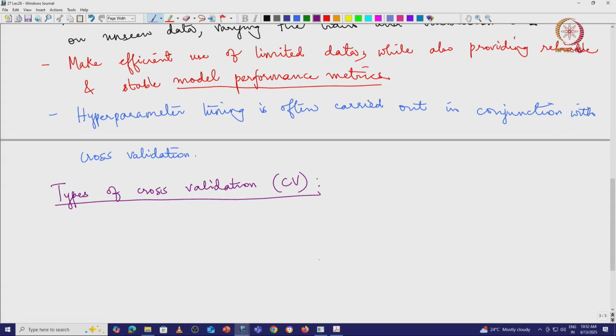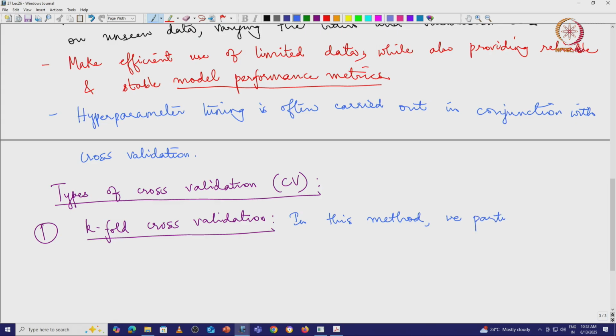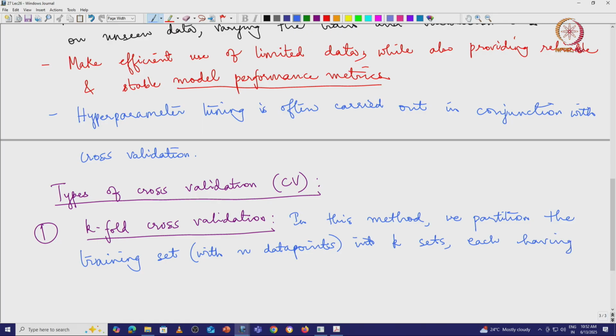The first one I want to introduce is called k-fold cross validation, and what happens in this method is that we partition the training set, and let us say it contains n data points, into k sets, or k folds, each having n divided by k points.